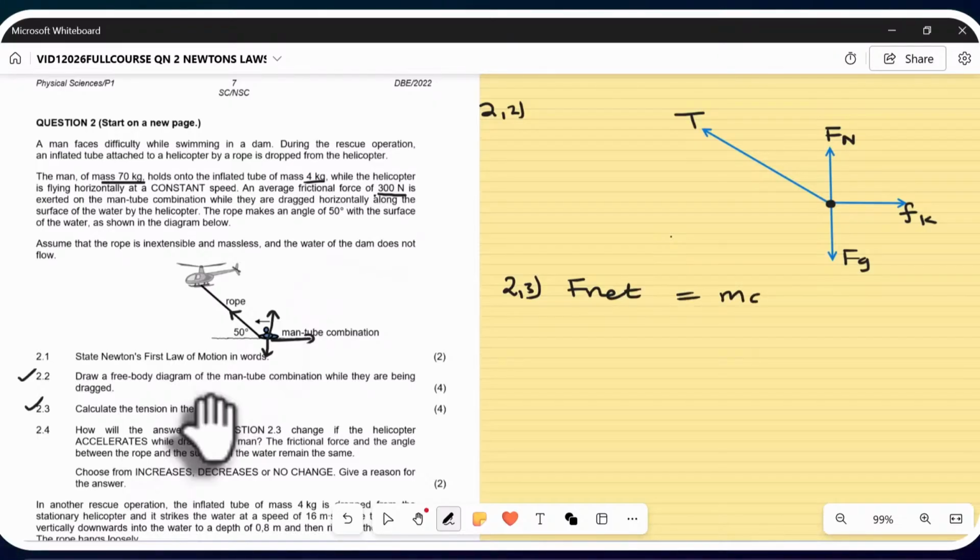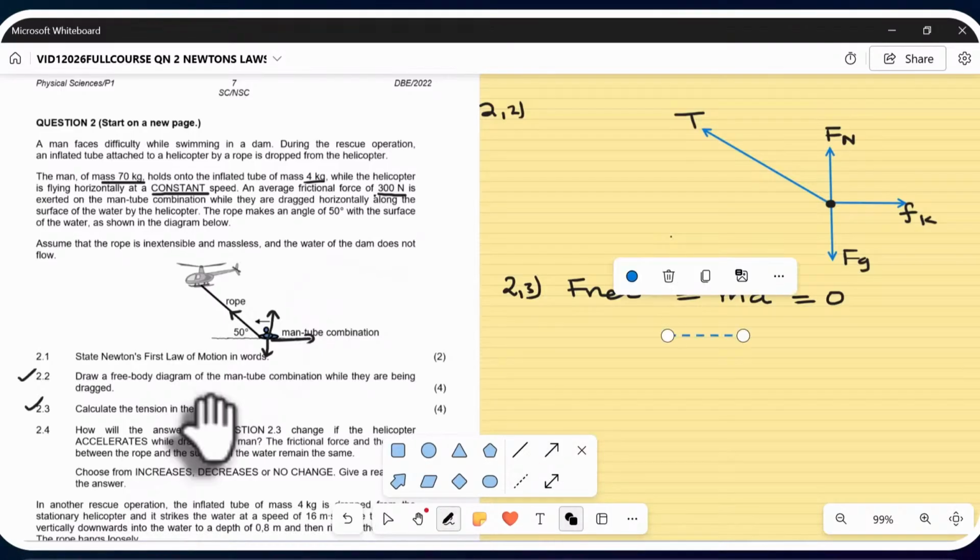In here, this tension has 2 components. We have the horizontal component, and then we have the vertical component as well, which you see in green color.